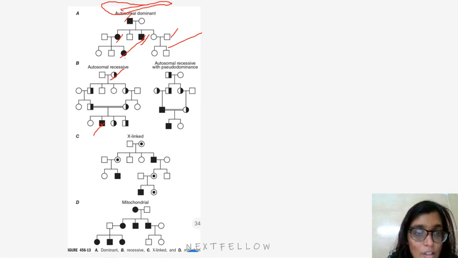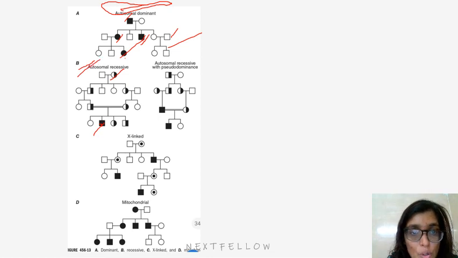The male and female both are transmitting the disease to the subsequent generation, and if there is a consanguineous marriage between the affected recessive individuals, then one of the children is getting the disease, the other two, the male and female, both are carriers. So this is autosomal recessive.